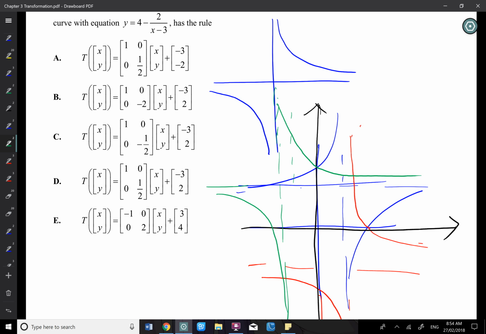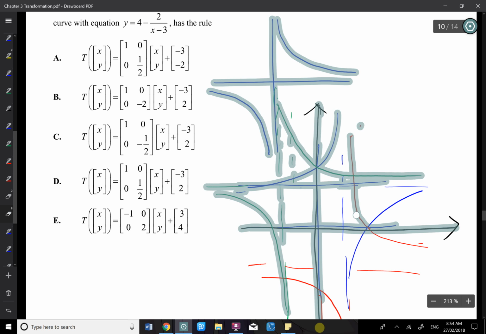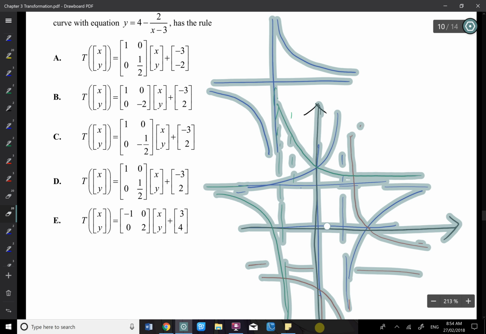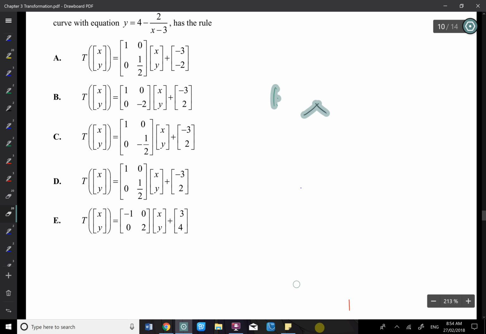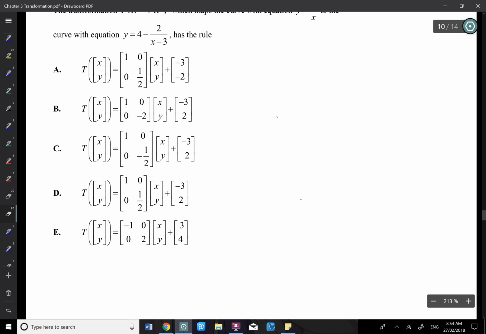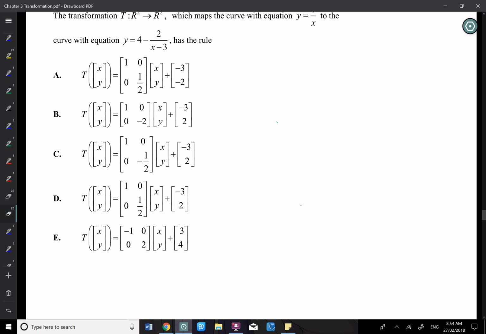Just to show you this example. Why do I say so much here? Because can you see A, B, C, D, E? Only one option is correct, which means it's either reflecting x or reflecting y. You can't really tell from the beginning. It's only when you finish calculating everything that you know which one is correct.